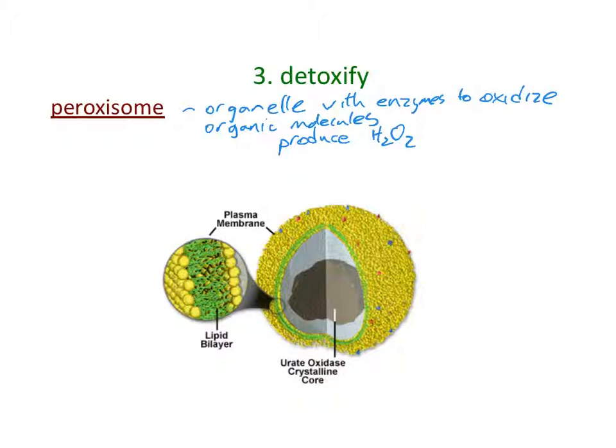What that will do is then inactivate or detoxify molecules, or at least that's what it's evolved to do. This is not always the case. Sometimes the actual oxidation of a molecule can make it worse, but most of the time this is beneficial.